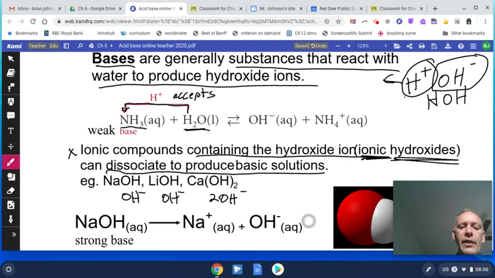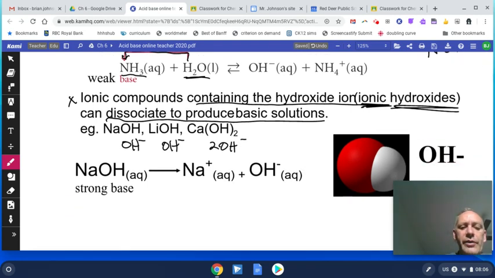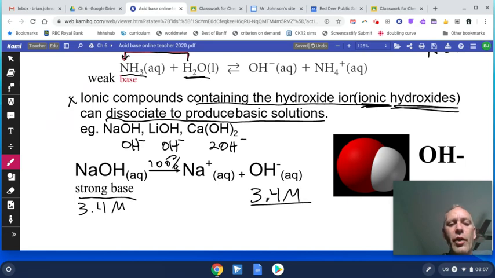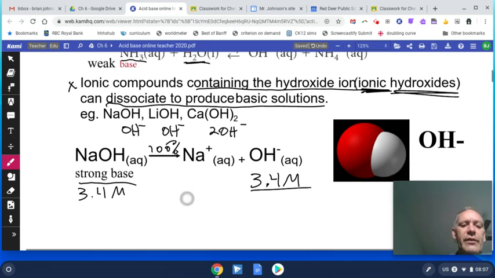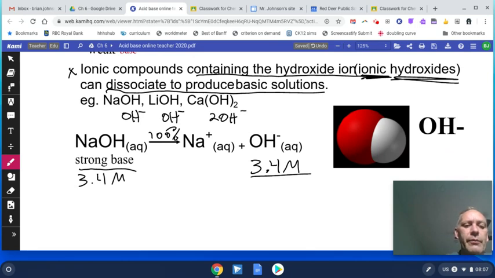We generally call these strong bases because when they dissociate, it's 100%. So if we had 3.4 molar NaOH, we're going to get 3.4 molar hydroxide. That's what a strong base does. Ionic hydroxides are strong bases.